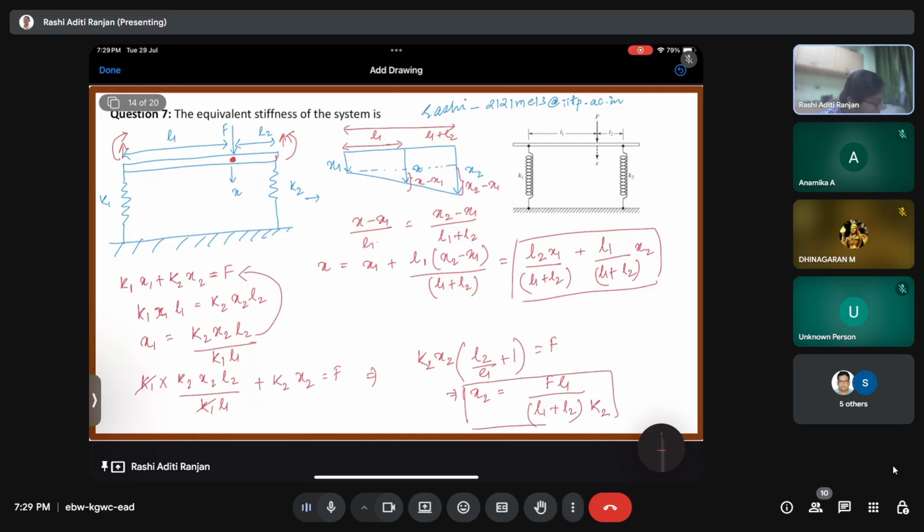What did I get? I got X2 in terms of F, L and K2. Similarly, I can get X1 also in terms of F, L1, L2 and K1. Right? If you substitute it, I'll not get into that. You'll get x1 as F L2 by (L1 plus L2) into K1.